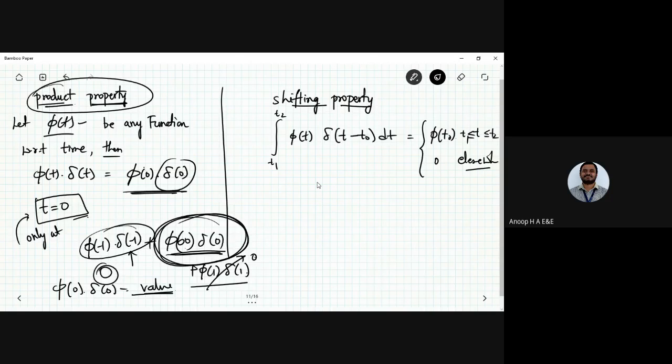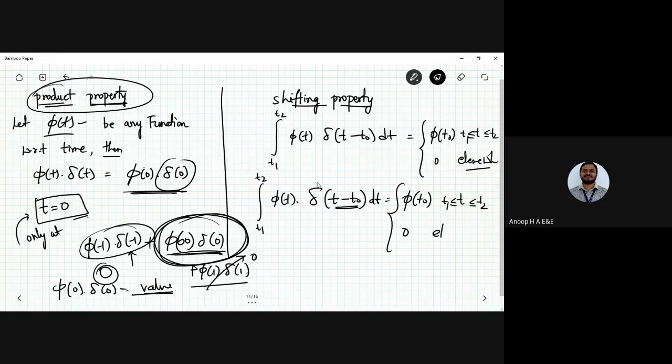So integral t1 to t2 phi of t delta of t minus t naught dt would be equal to phi of t naught, and 0 elsewhere. Okay, so this is one thing.